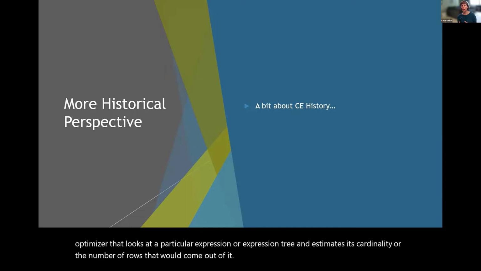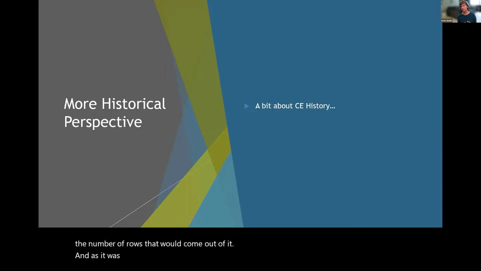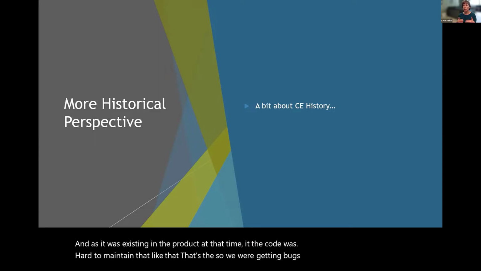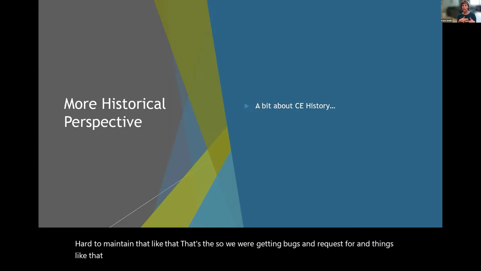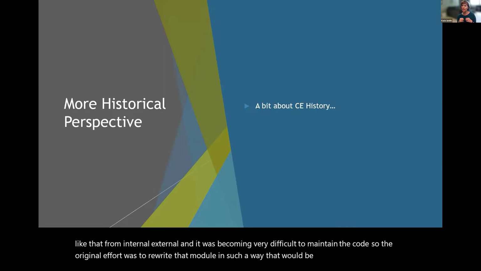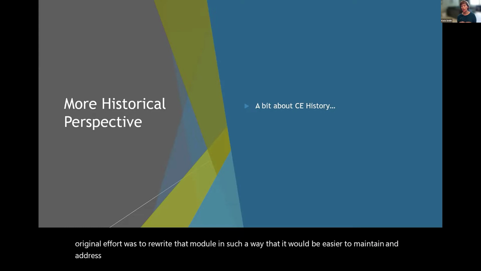As it existed in the product at that time, the code was hard to maintain. We were getting bugs and requests for change from internal and external sources, and it was becoming very difficult to maintain the code. So the original effort was to rewrite that module in such a way that would be easier to maintain and address issues moving forward. So we did that.